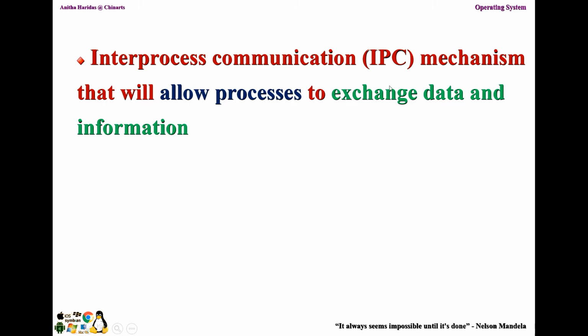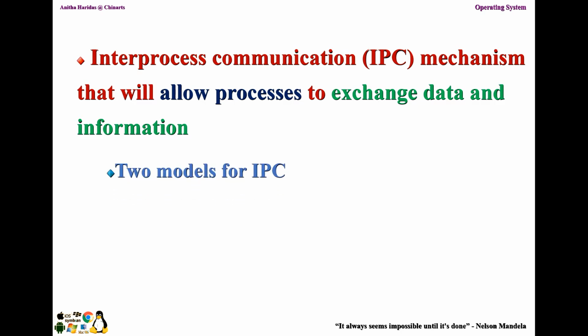Interprocess communication is also known as IPC mechanism, which will allow processes to exchange data and information. So you have process 1 and process 2, and these two processes are running parallelly or concurrently. By the time they need to exchange some data and information, which you call as interprocess communication.